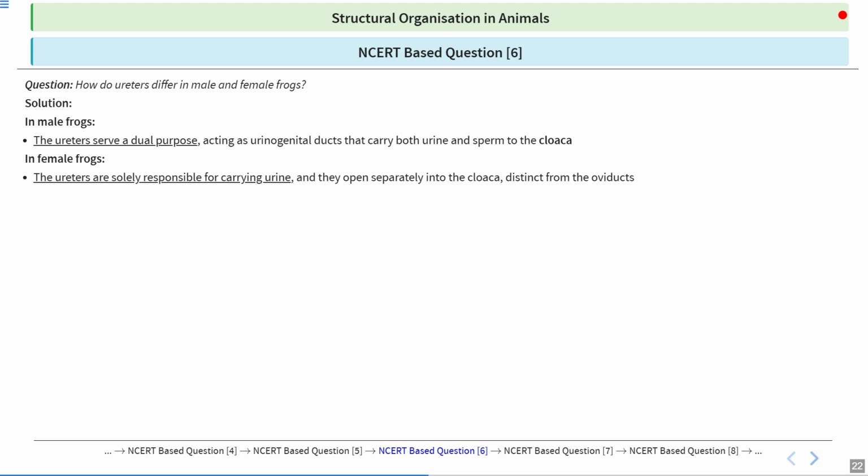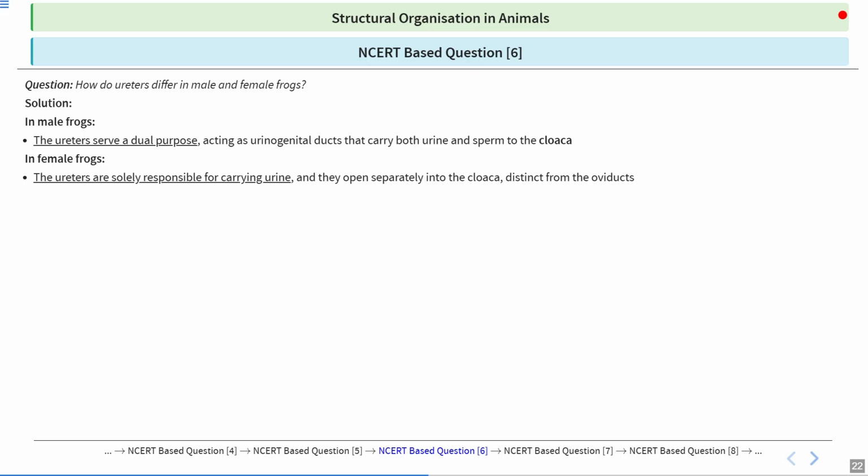But the female gametes, the eggs, pass through the oviduct, and this oviduct tube joins directly to the cloaca. It never passes to the ureter. So this is the difference that we see between the male frog and female frog.